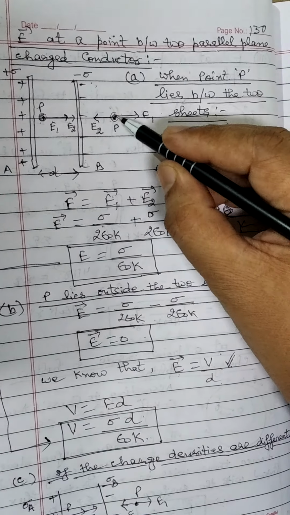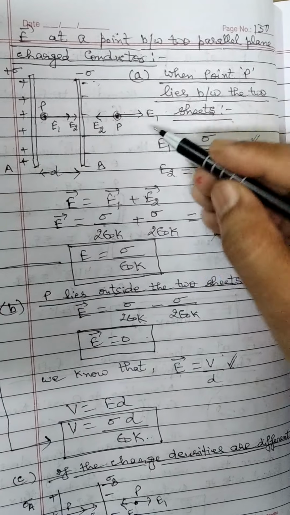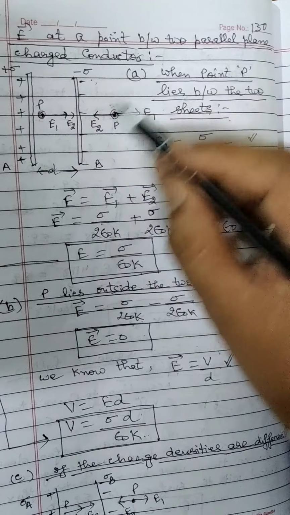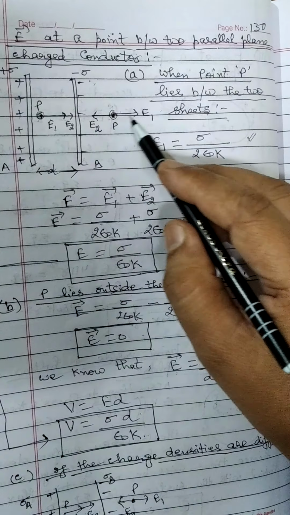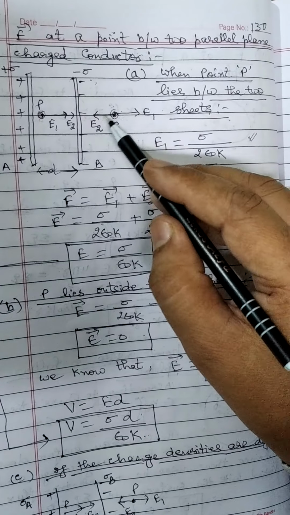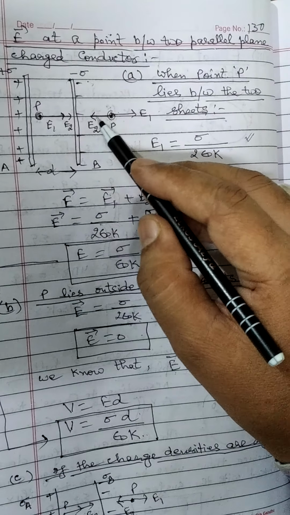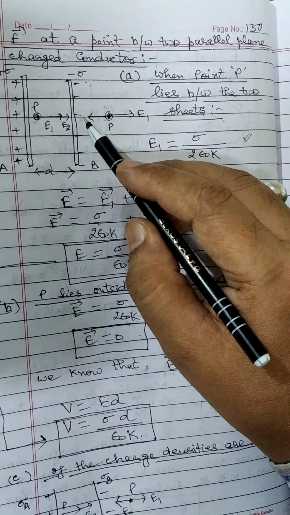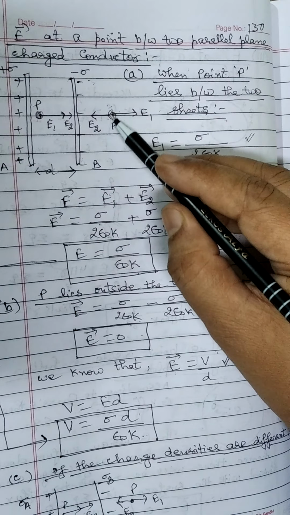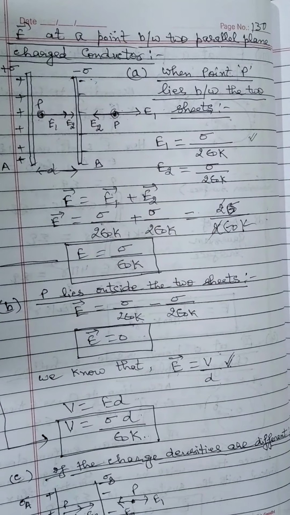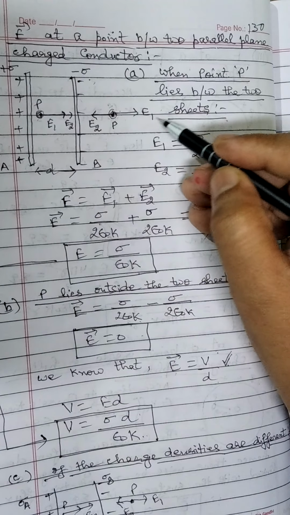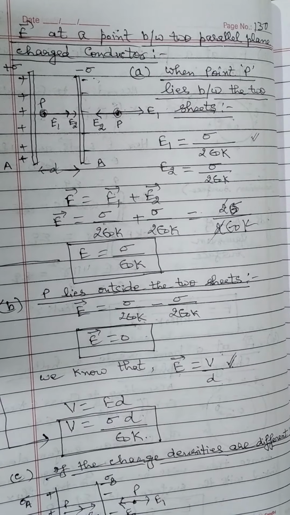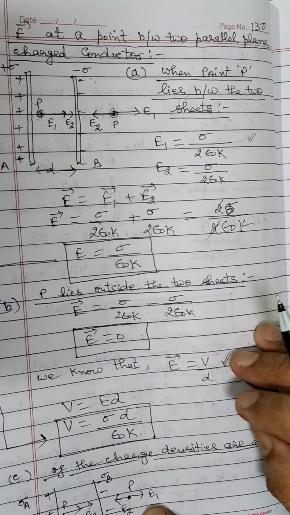But if your point P is lying outside, तो put the plus q0, इसकी वजह से जो इलेक्ट्रिक फील्ड आएगी वो तो रिपल्शन की वजह से इधर आ जाएगी, लेकिन प्लस q0 अट्रैक्ट होकर के इस प्लेट से इधर की तरफ जाएगा. That means the electric field E2 will be in this direction. That means when the point P is lying outside these two sheets, the electric fields both are in the opposite direction. So I think the direction is very much clear to you.